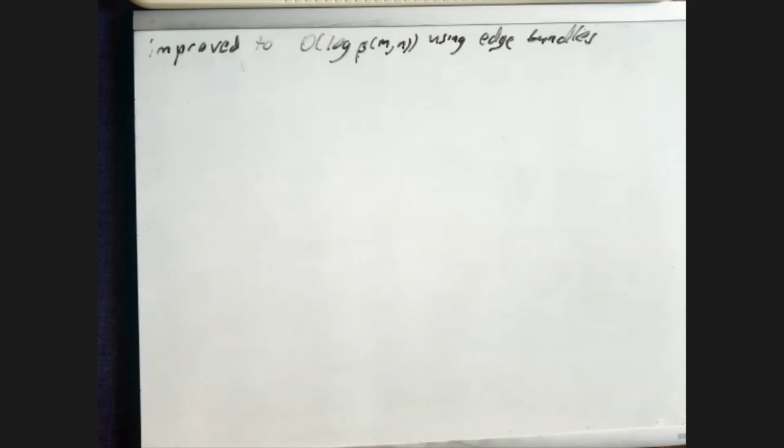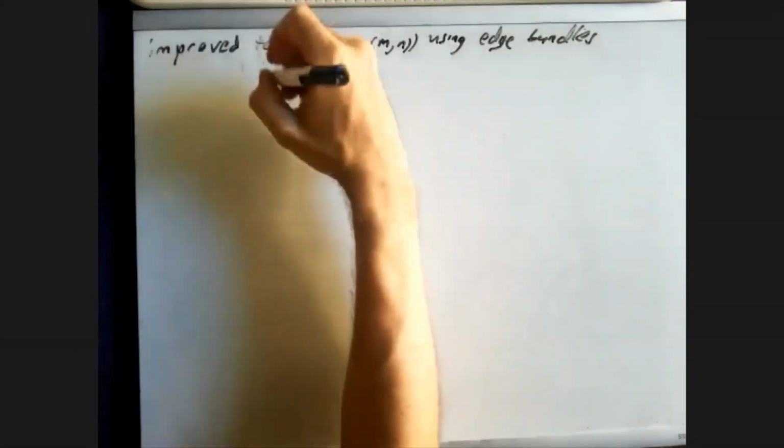And so they found groups of edges that they could order and say, I don't need to look at this edge until I've eliminated this other edge. So I put those edges in a bundle and I only look at the smallest edge in the bundle. And so now we've put another log factor in decreasing the function.